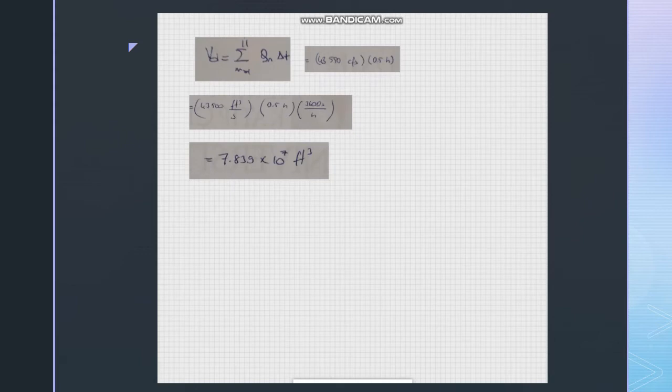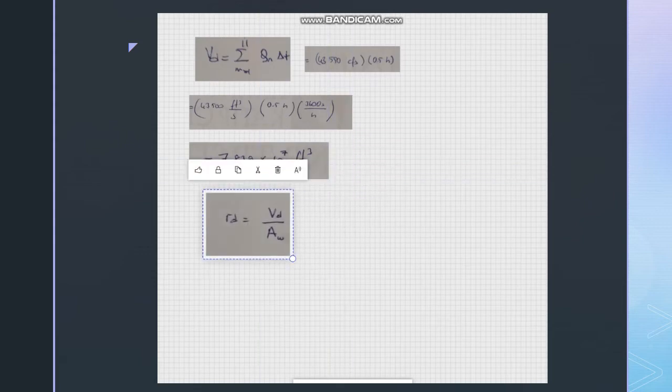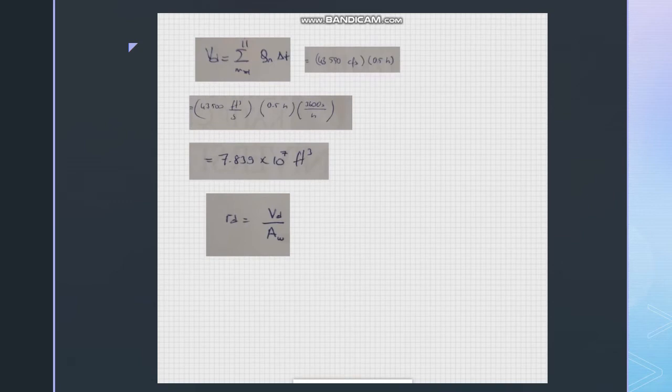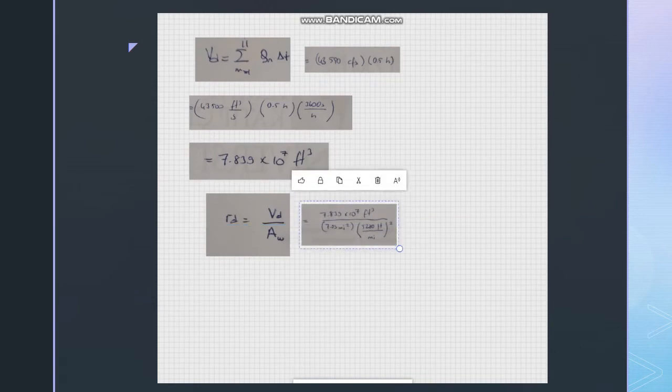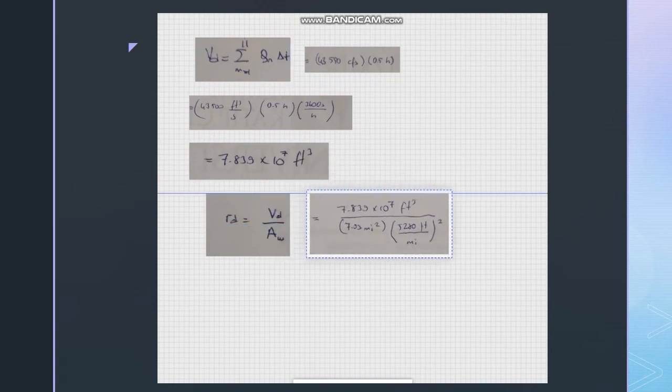Then in order to find the depth of direct runoff, we know the catchment or watershed area. We need to divide this volume of water by the area to find the depth of this direct runoff. We know that the area of this watershed is 7.03 square miles.